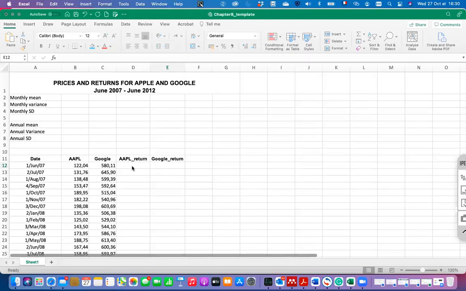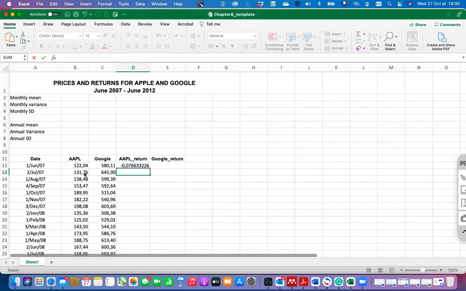So suppose now I'm trying to compute the return for Apple, right? So I will use equal ln, which is the logarithm function, then the price of Apple divided by the price of Apple next month, right?